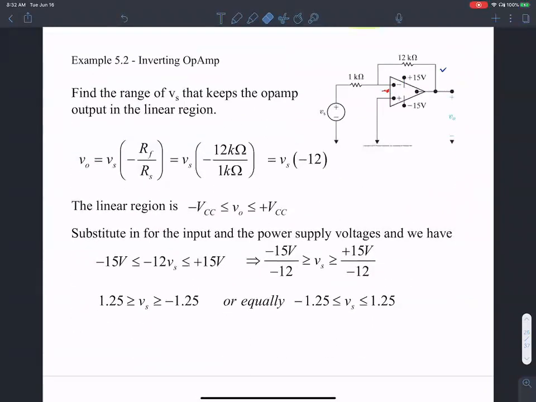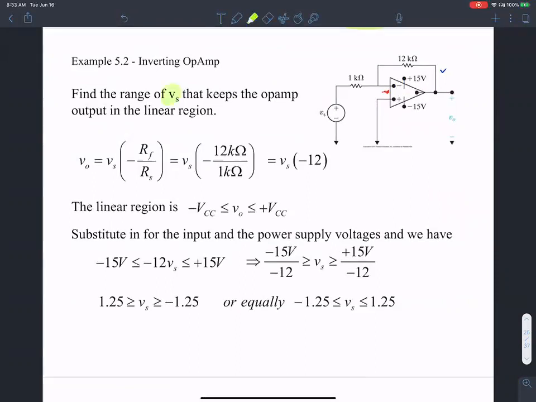All right. So the question is, find the range of input voltages. What input voltages keep the op-amp in the linear region? We discussed the idea of a linear region. Right? There is this input range, and the output is going to saturate around the power supplies.